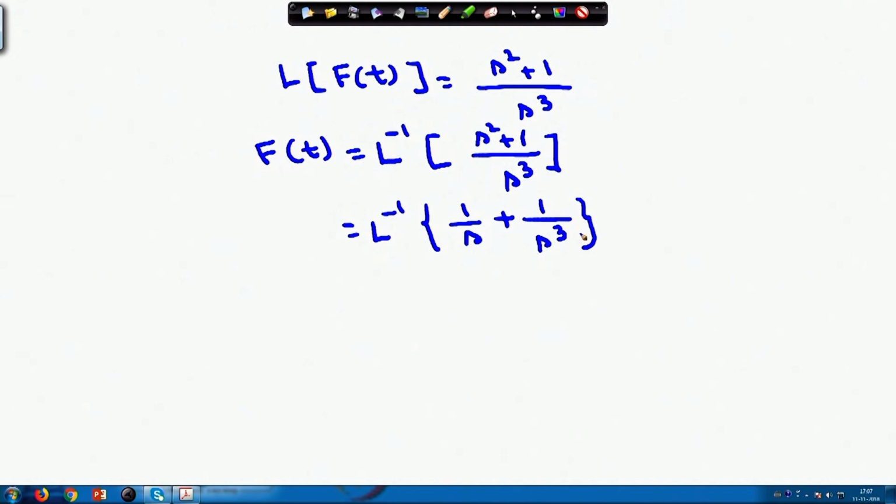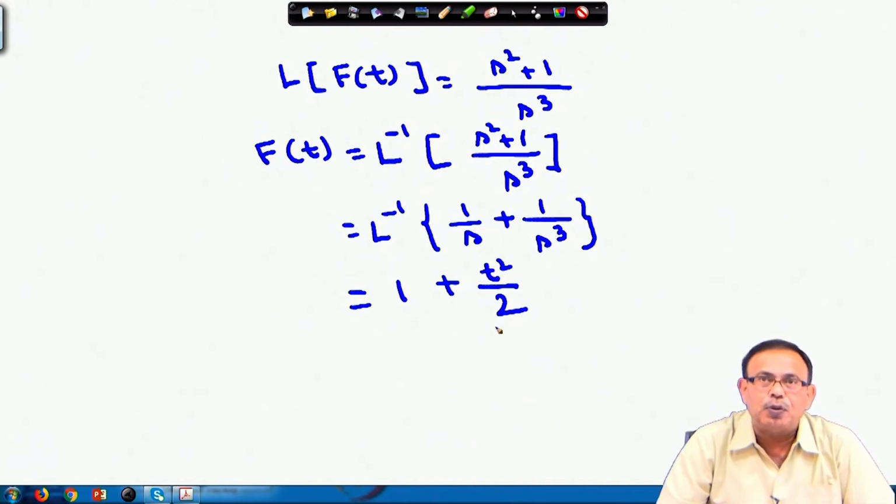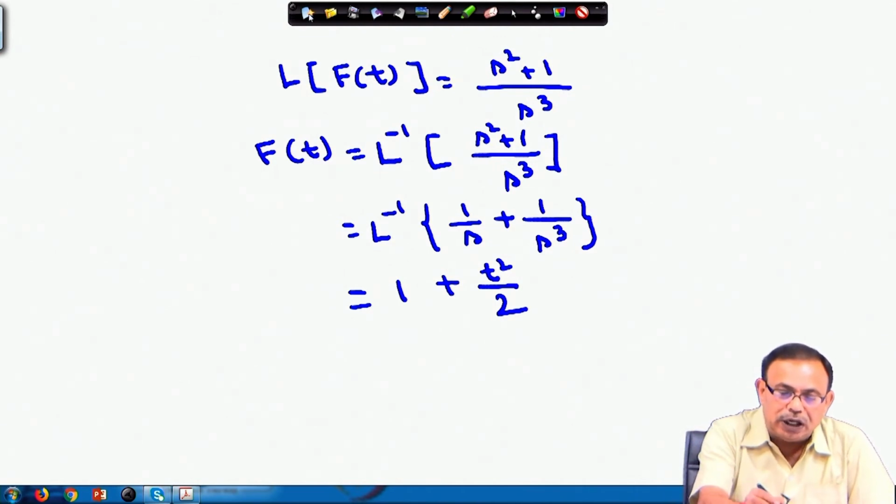For the function 1, the Laplace transform is 1 by s. Similarly, for 1 by s cube, the corresponding function will become t square by 2. So, the solution, the value of the function f(t), is 1 plus t square by 2, for which the integral equation will be satisfied.